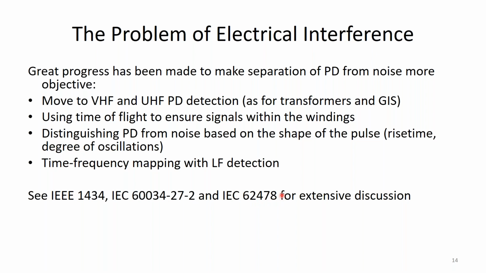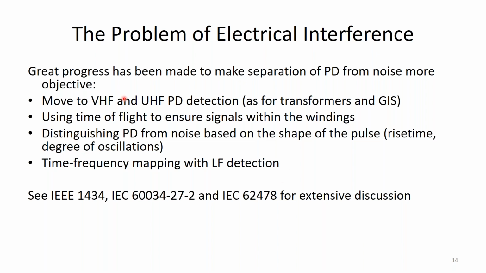And IEC 62478 is the standard that talks about all sorts of different kinds of equipment, and it's a companion to what some of you might be familiar with, IEC 60270, which is for low frequency measurements. This is for measurements above that low frequency range.